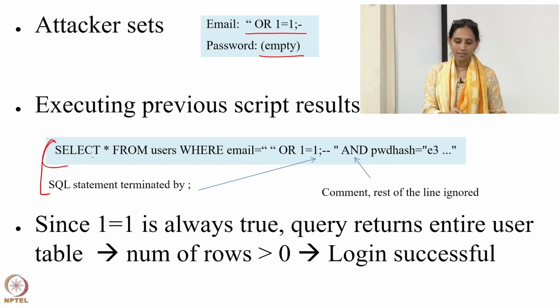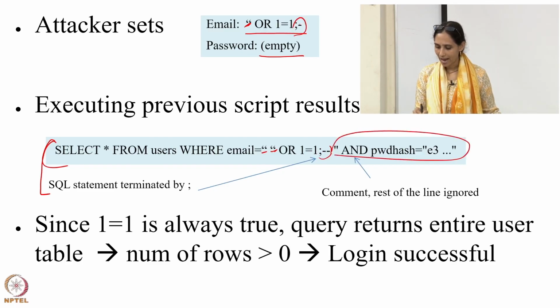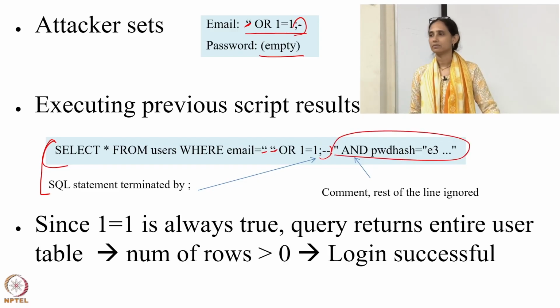It is basically telling select star from users where email is equal to, so this thing has been terminated with this quote, and then it came or 1 is equal to 1, and this is a comment. That means after this there are actually 2 dashes. This is the comment, and after that comment whatever it has does not really matter.